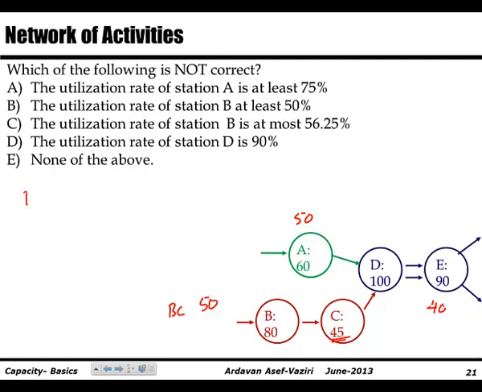Therefore, production of BC is between 40 and 45. Station B's capacity is 80. Minimal production is 40. 40 divided by 80 is equal to 0.5. Therefore, the utilization rate of station B is at least 50%.